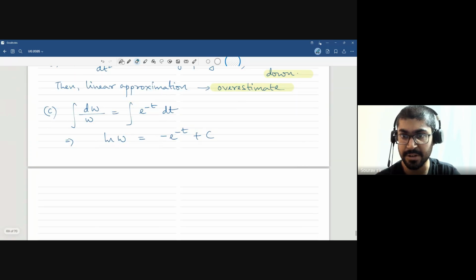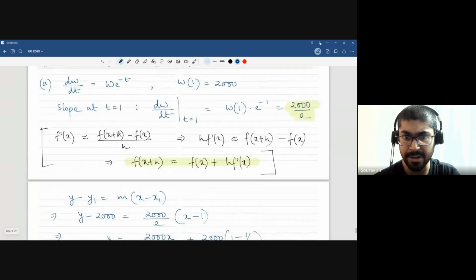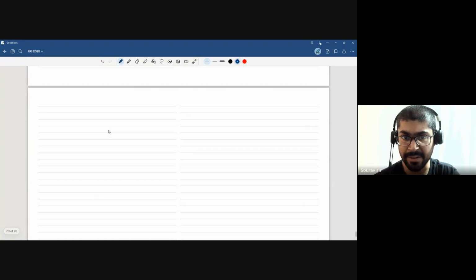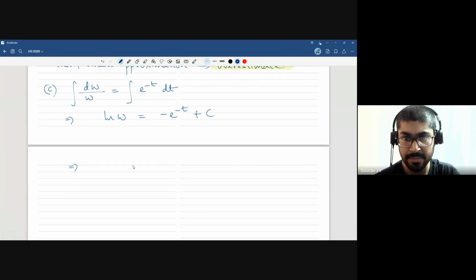Here, first combine the solutions. So this should be ln modulus W, but it's population, right? So it cannot be negative. So transfer it into e to the power, sorry, W will be equal to A into e to the power minus t.